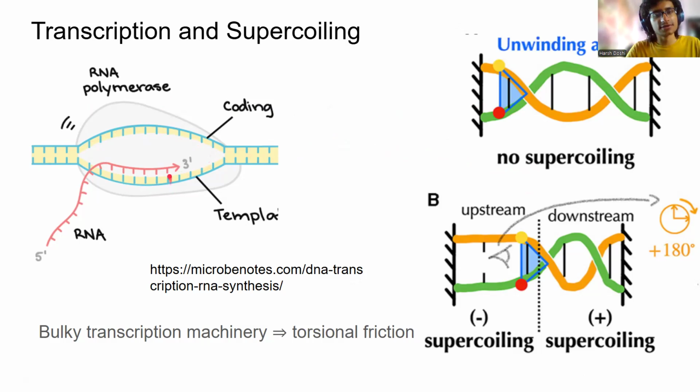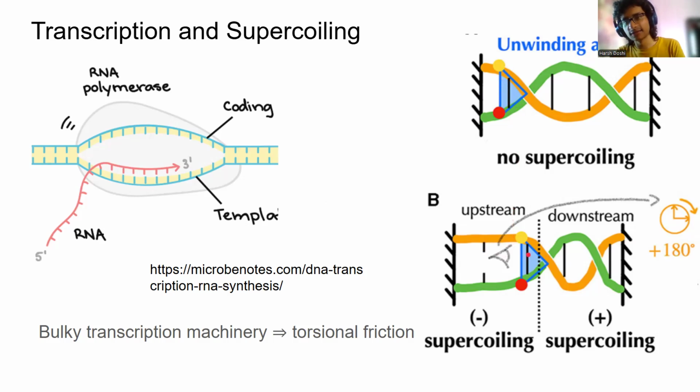However, because the RNA polymerase is bulky, it forms a complex with many other proteins, and so it has difficulty rotating along the contour of the DNA. As a consequence, the RNA polymerase, indicated by this blue triangle here, just moves along the DNA contour without rotating.